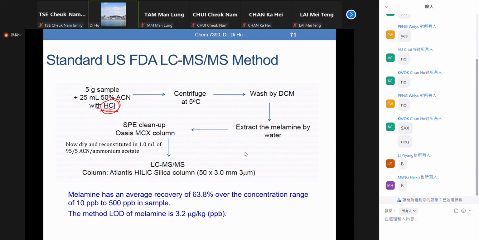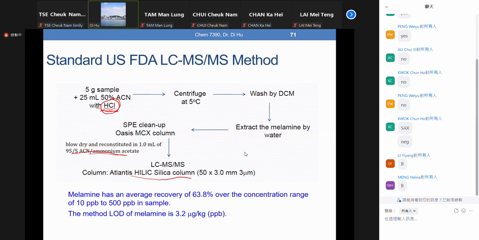Then centrifuge and wash with DCM. Then of course we take the aqueous phase and extract the melamine with water, and go through the strong cation exchanger. Then blow dry, reconstitute into the initial condition, and run through the HILIC column.